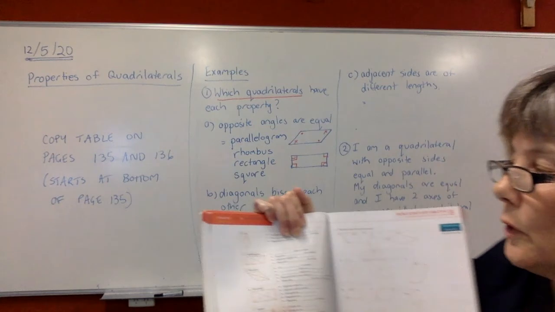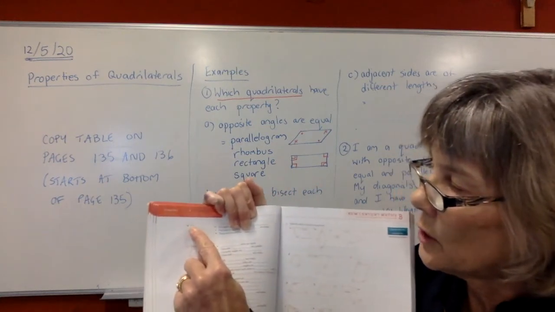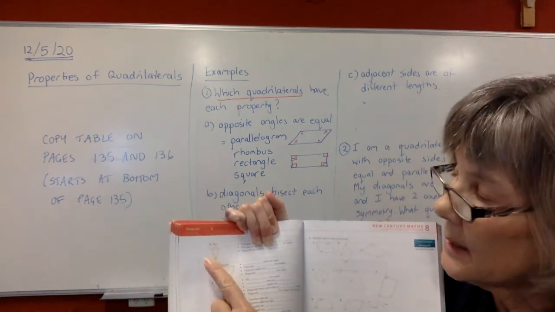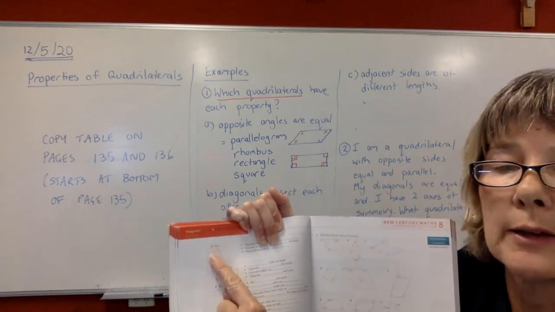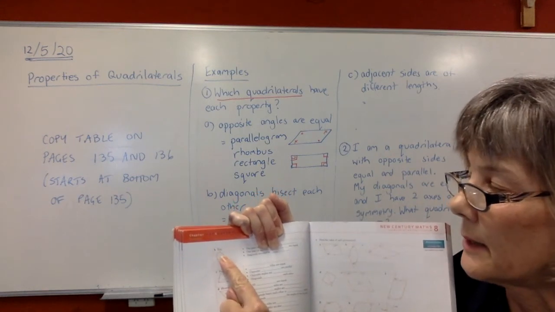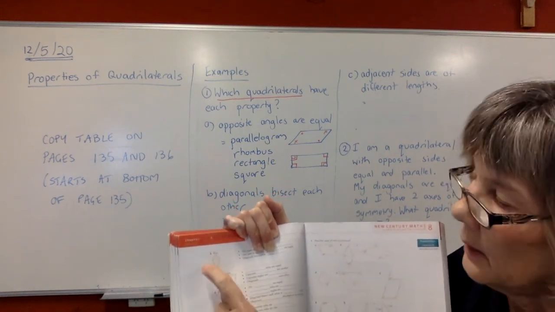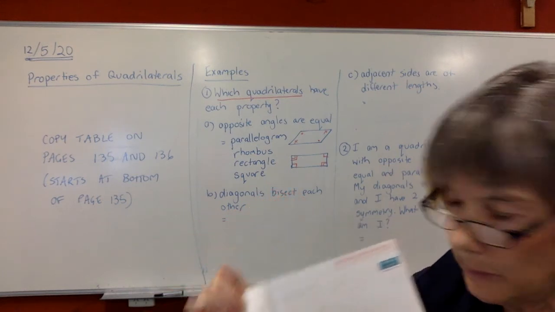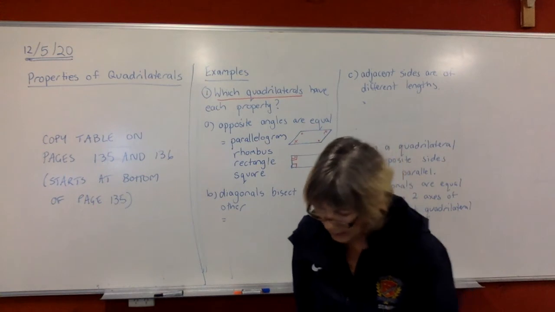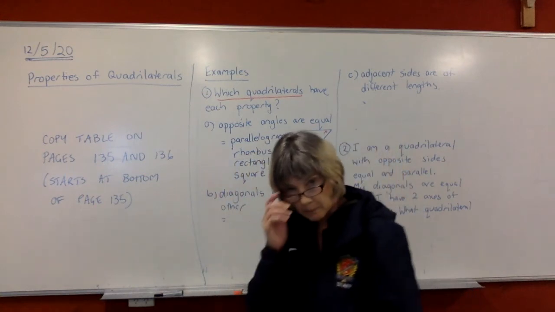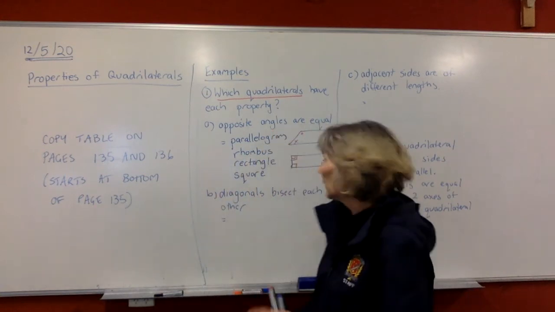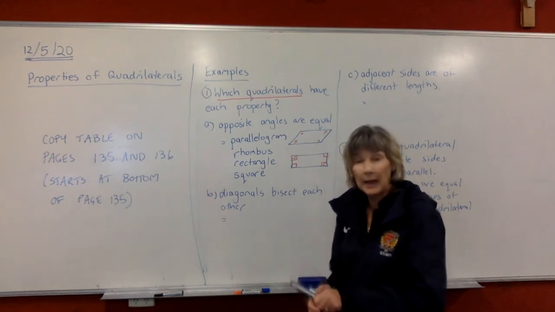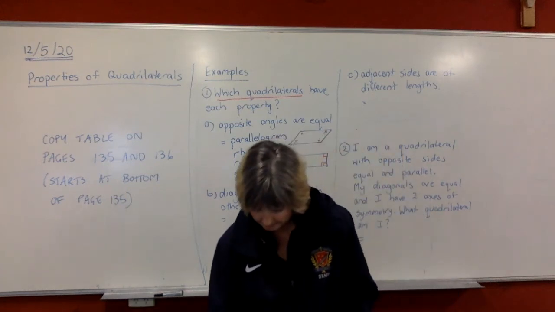With the kite, you have this diagonal that goes from top to bottom does split the other diagonal into 2 equal bits, so it does bisect it. However, this short diagonal does not split the long diagonal into 2 equal bits. So just because it's happening with one diagonal doing it to the other, it doesn't happen the other way around, so we can't say it happens with the kite.